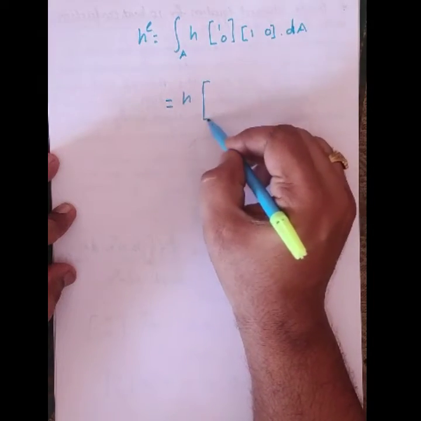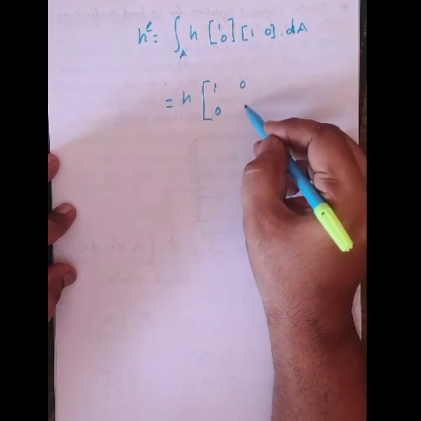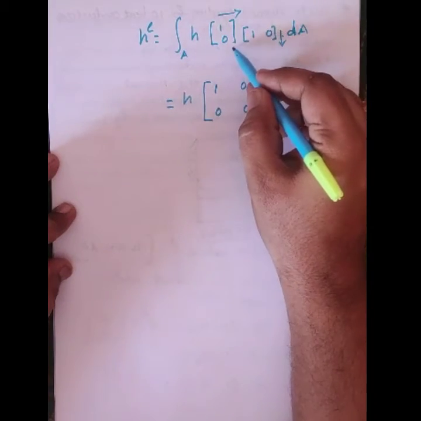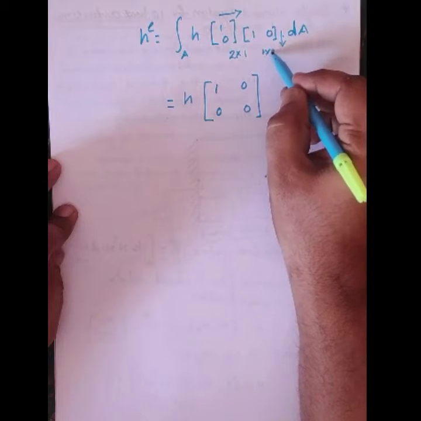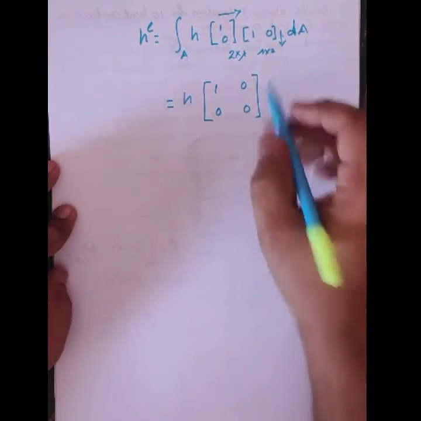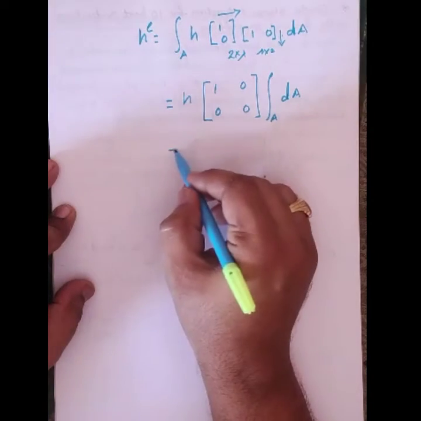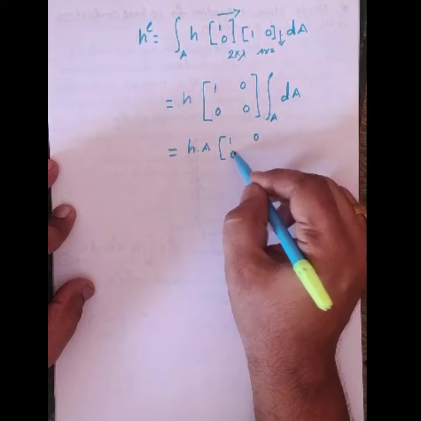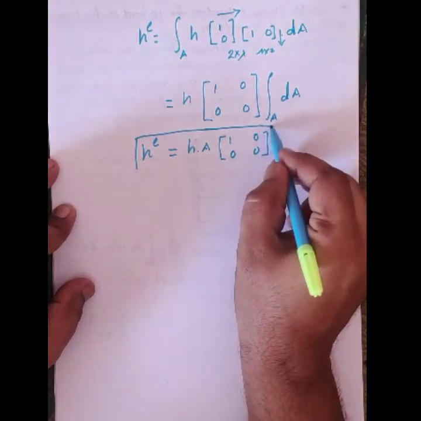If you multiply the column by the row, that is 2 rows, 1 column times 1 row, 2 columns, so it should be a 2 by 2 matrix: 1 times 1 is 1, and the rest are 0, 0, 0. Into the area integral of dA, which is A. It is H A times [1, 0; 0, 0]. This is called your convective matrix.